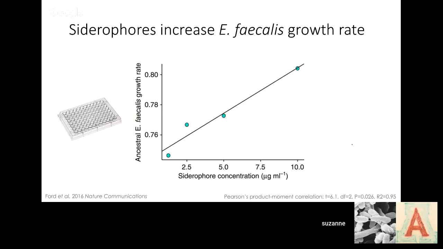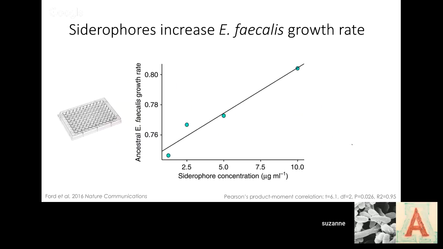And you can see here that with increasing siderophores there is a really strong benefit to Enterococcus. It's growing faster and faster with more siderophores in the environment. So it's pretty clear here that Enterococcus is able to exploit siderophores in the environment. And so with this information and the information from the previous slide, it does seem to make sense.